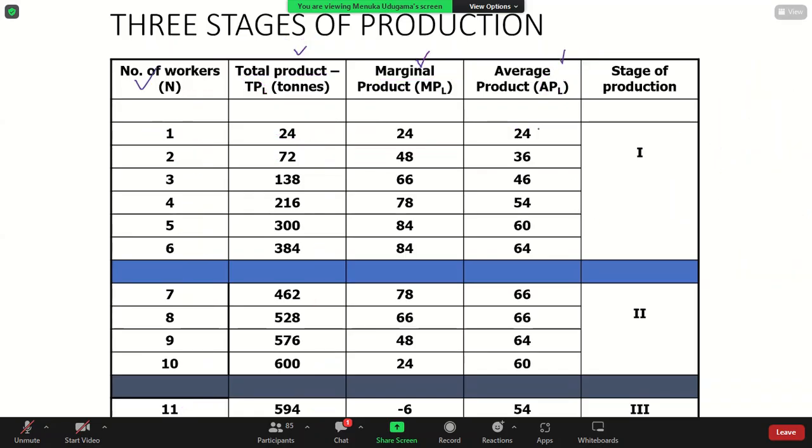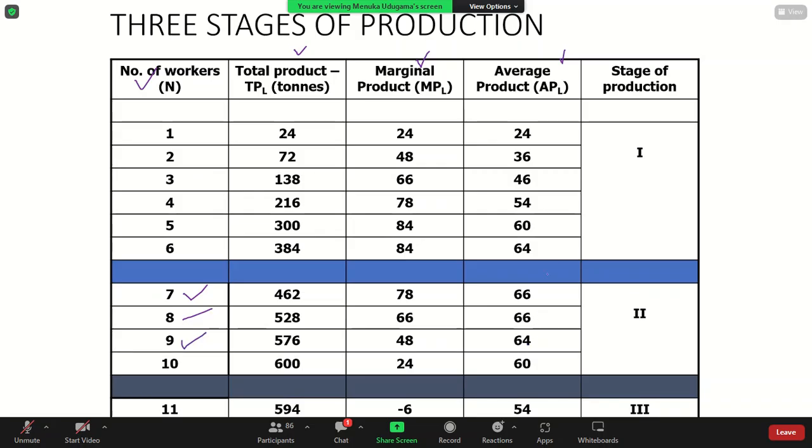So the average product increases with the number of workers up to this point. Up to the seventh worker it becomes 66, and the eighth is also the same. But once you add the ninth worker, it starts decreasing, right?